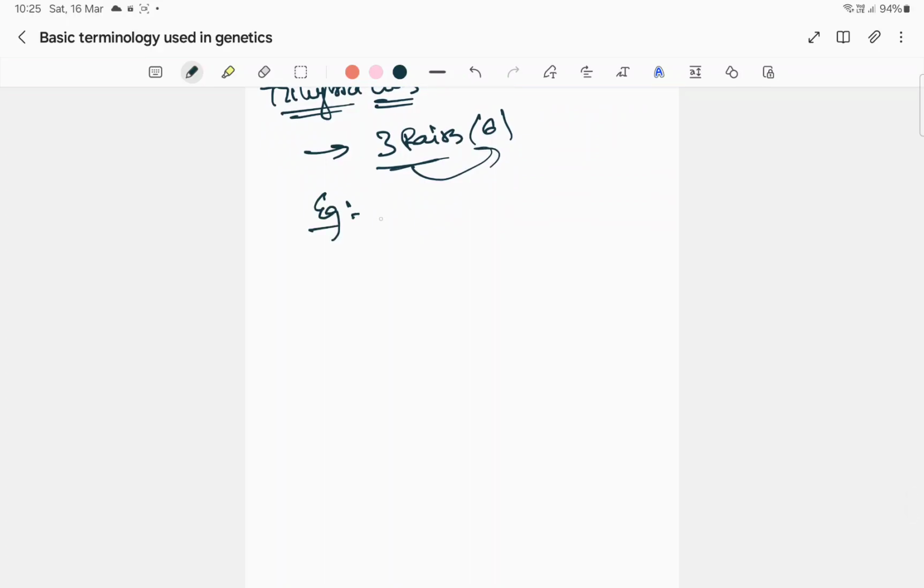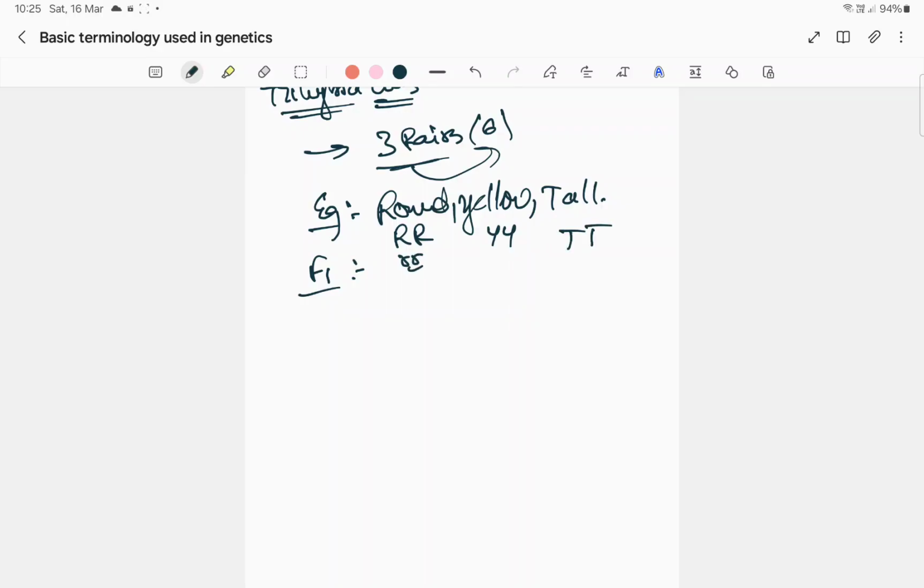For example, if you take round, yellow, and plant height, for example tall. In F1, everything is capital R, capital Y, tall, capital T. The recessive forms of alleles are small r, small y, small t, right?